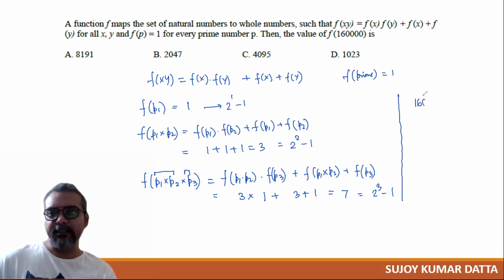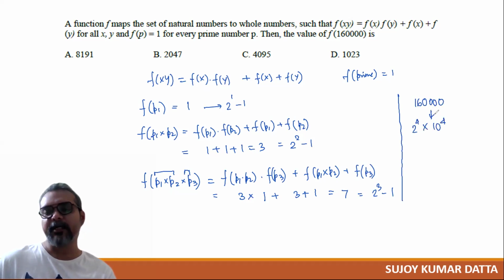So when we split 160,000 into its factors, that's 2 raised to the power 4 times 10 raised to the power 4, right? 16 times 10,000. 10,000 is 10 to the power 4. This becomes 2 to the power 4, 5 to the power 4.